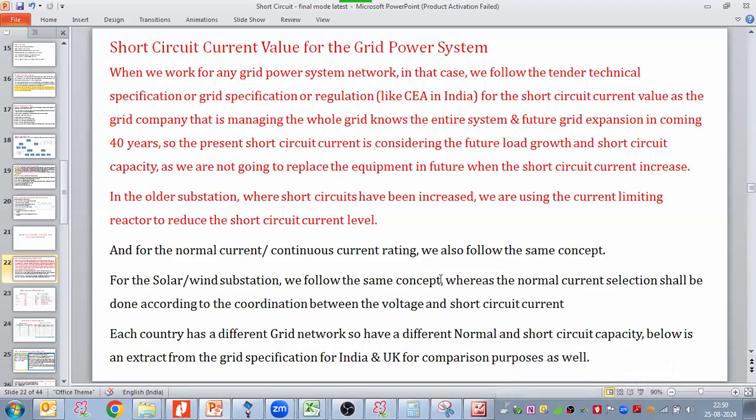What I'm trying to tell you is, say you are making a 220 kV substation. At 220 kV, what should your short circuit rating be? How will you decide? You will take it based on the short circuit current at the 220 kV grid voltage, which is 40 or 50 kiloampere, correct?